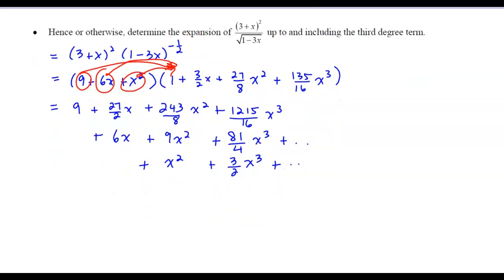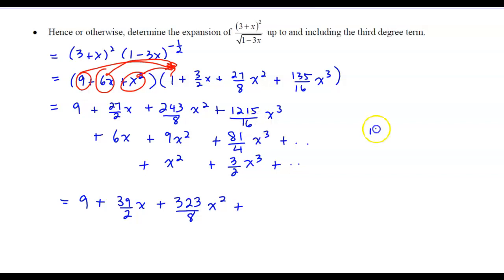So when I collect like terms, I get 9 plus 39 over 2x, 9, 10, that's 80, plus 243 is what, 323 over 8x squared, I think, plus, you can use your calculator if you want.